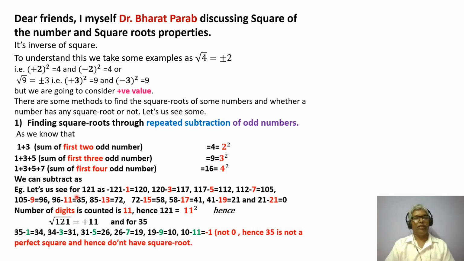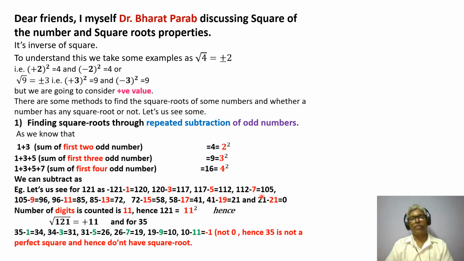Let us see 121, where this is a hyphen sign, not a minus sign. 121 minus 1 is 120. 120 minus 3 is 117. 117 minus 5 is 112. So we are subtracting each odd number in succession starting from 1.